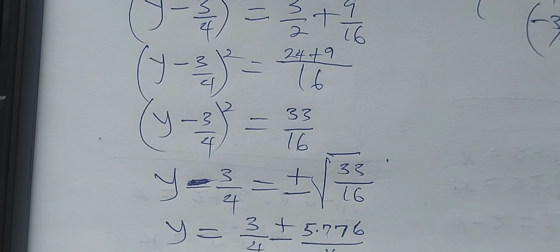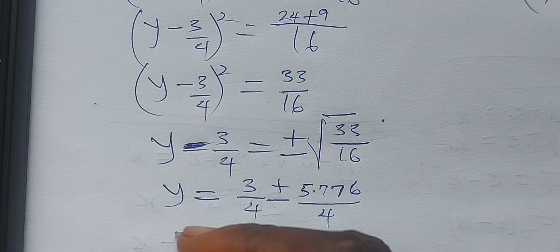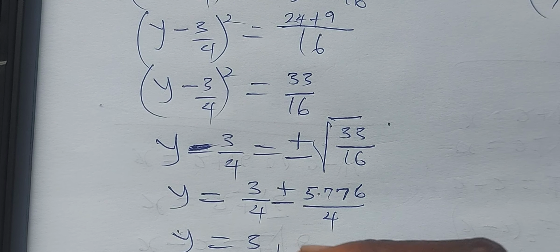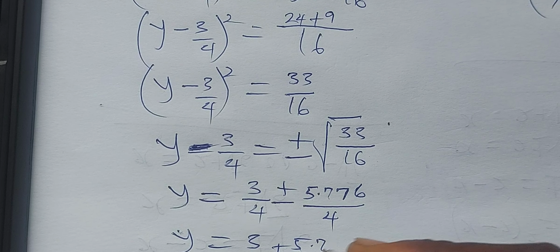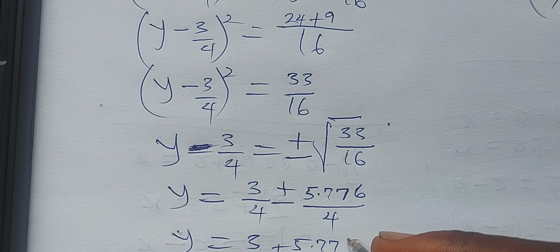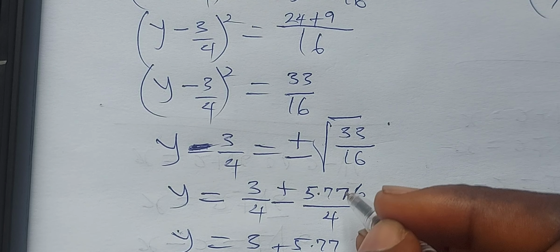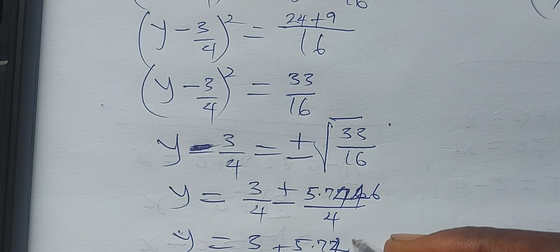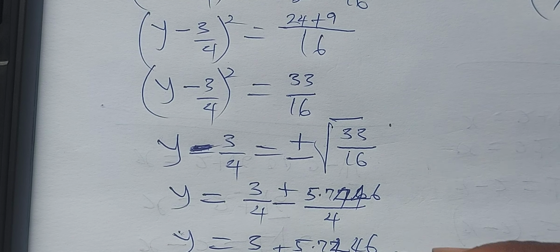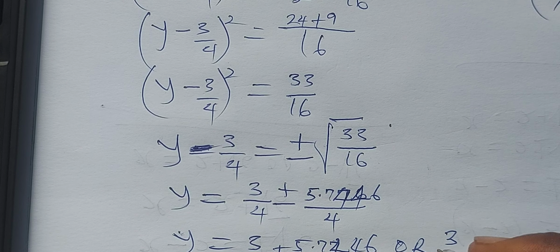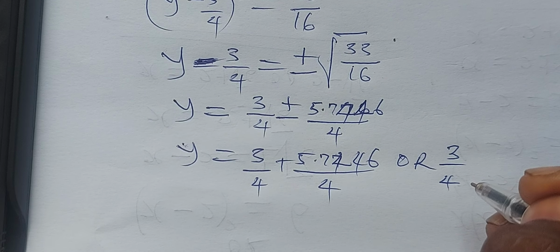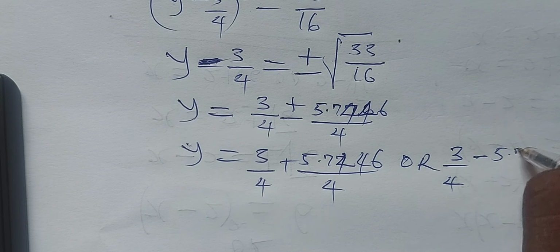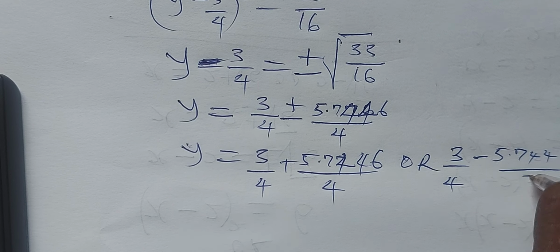Okay, and so you just do it further to be y equals 3 over 4 plus 5.7446 over 4, or 3 over 4 minus 5.7446 over 4.